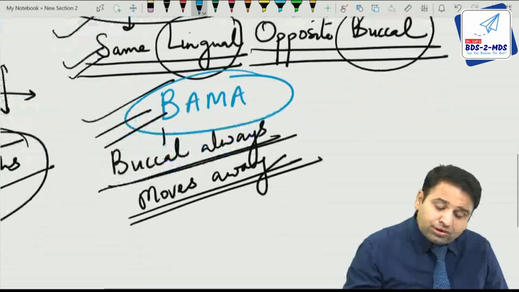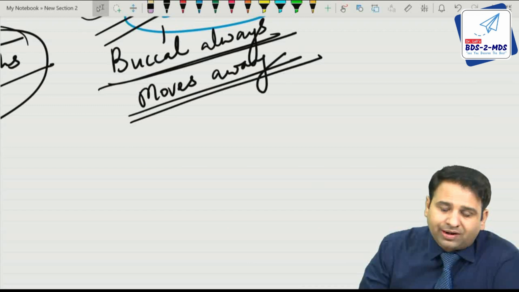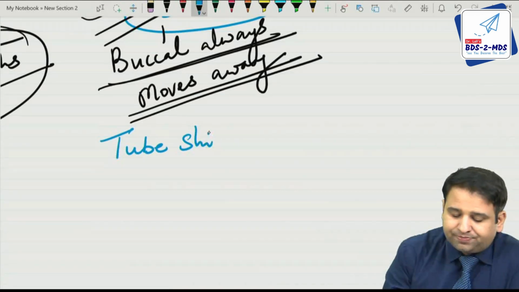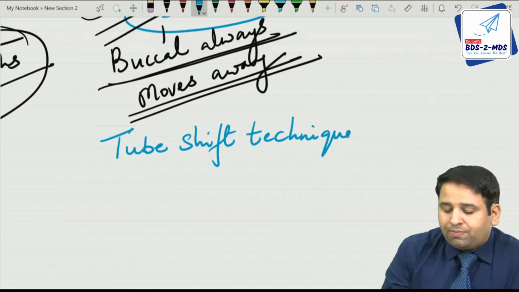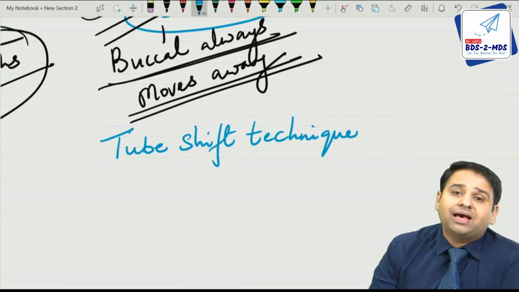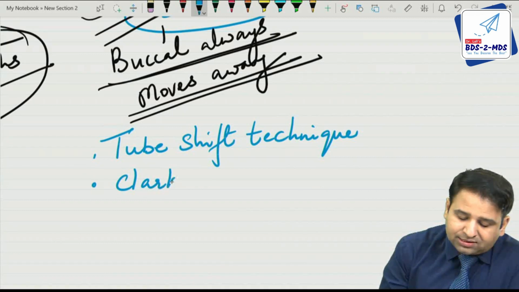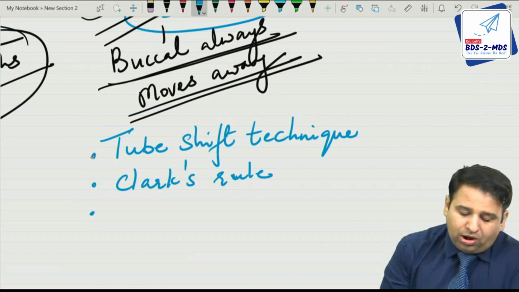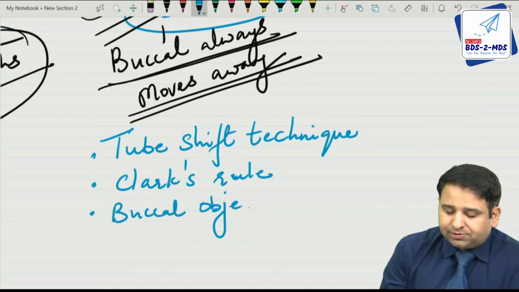However, there are three more important names for this SLOB technique or SLOB rule, right? One is tube shift technique. That means SLOB rule or SLOB technique or BAMA technique is also referred to as tube shift technique, also called Clark's rule, also called buccal object rule.